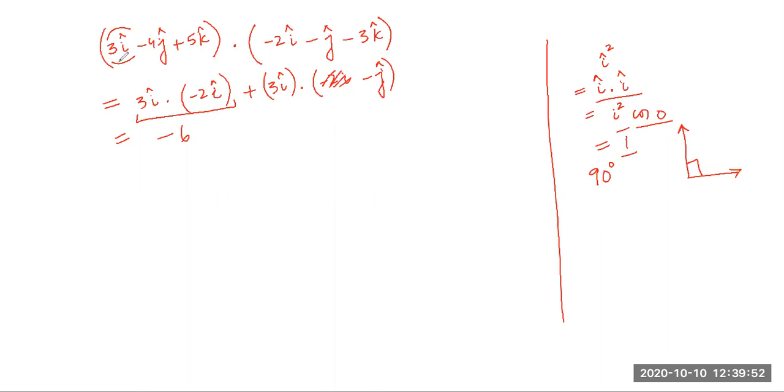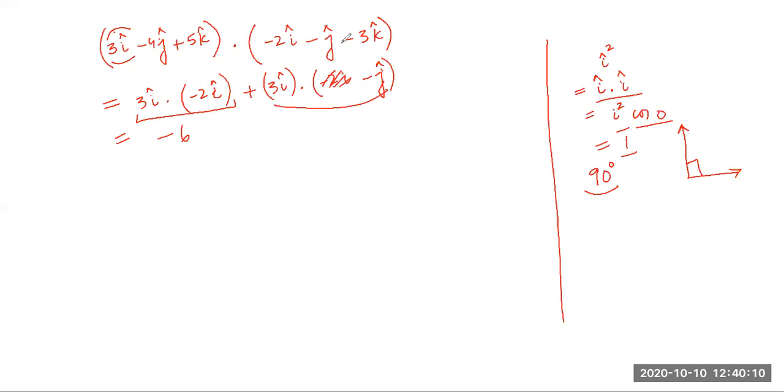So I can always have dot product of this with this, this with this, like I do normal digits. But when I have 90 degrees, cos 90 would be 0. So this will become 0.